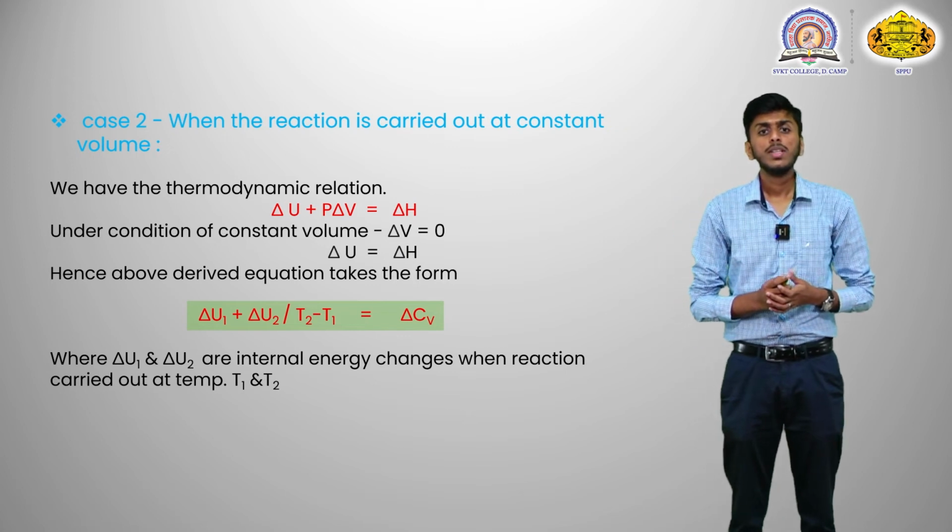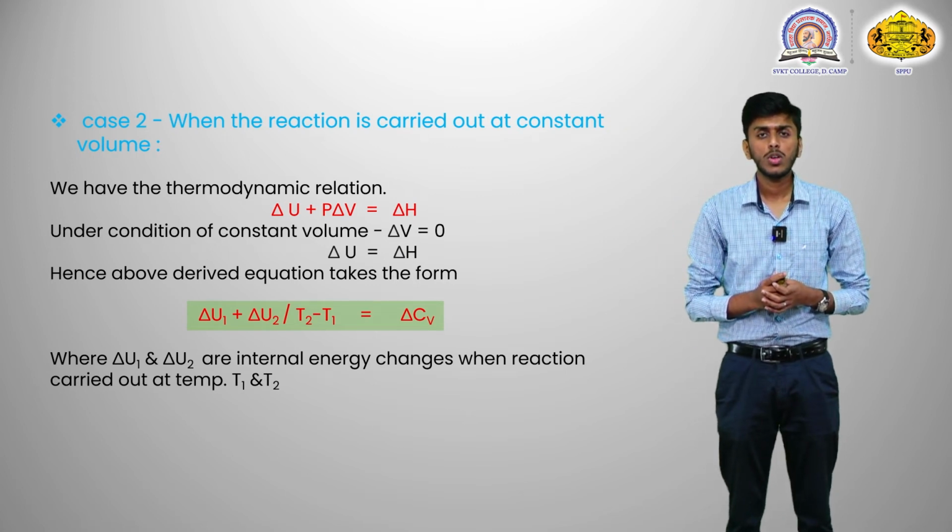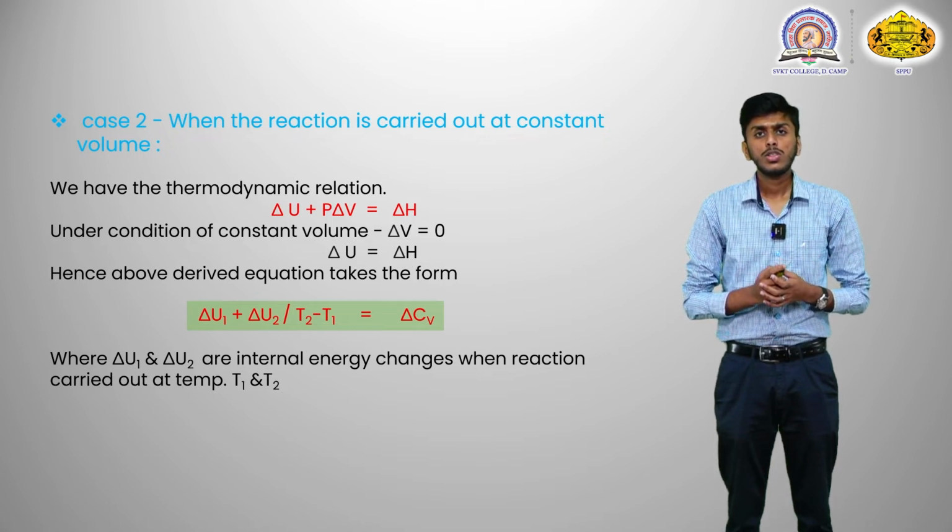Case 2. When the reaction is carried out at constant volume, we have a known thermodynamic relation: delta U plus P delta V equals delta H. Under the condition of constant volume, delta V equals 0.